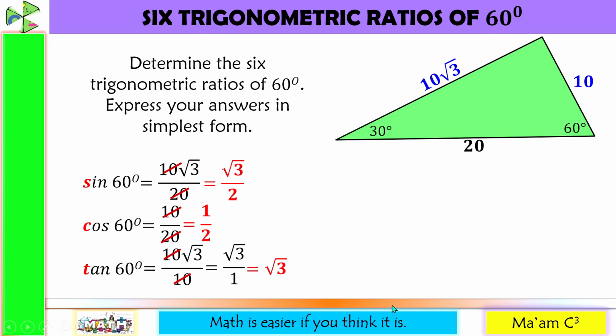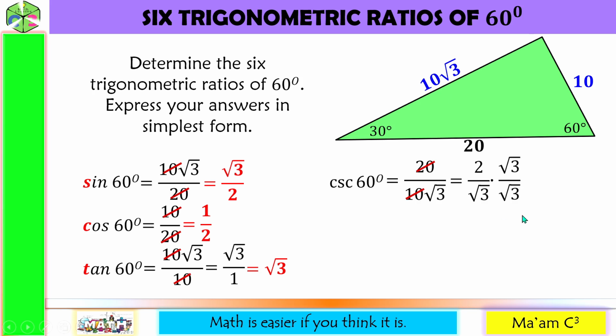Next one, we have the cosecant 60 degrees. Reciprocal of sine, so it will become 20 over 10 square root of 3. 20 and 10 is 2, so I have 2 over square root of 3. Rationalize. Simplify. 2 square root of 3 over 3. Secant 60 degrees.